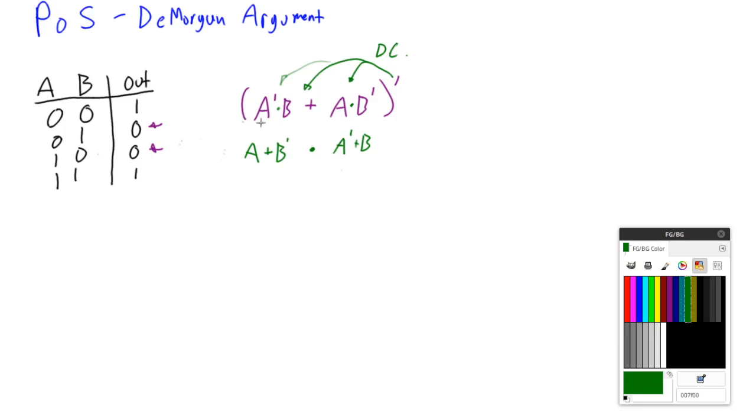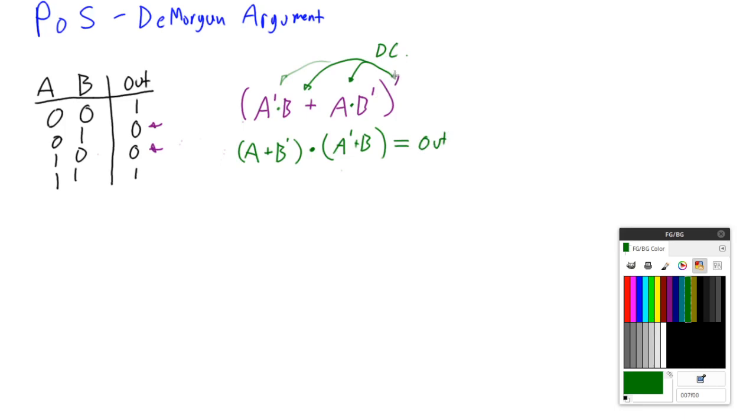In this final state, as it is right now, B not ANDed with A not would happen first. So we need to put some parentheses around here. And we're done, this is our output.